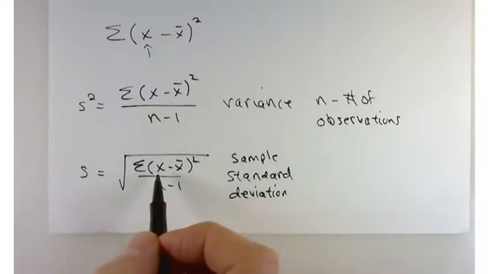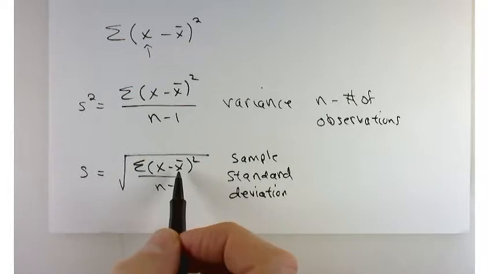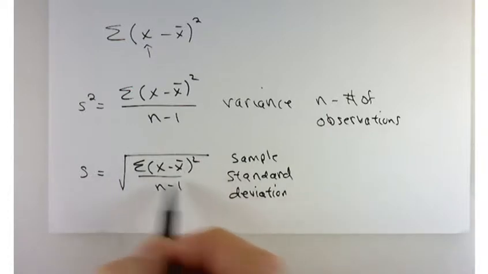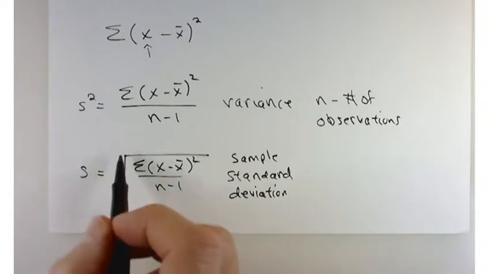So you take the difference between your data and the mean, square it, add up all those square differences, divide by n minus 1, and then take the square root of the whole thing.